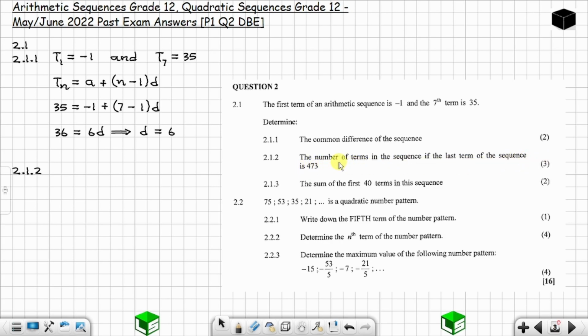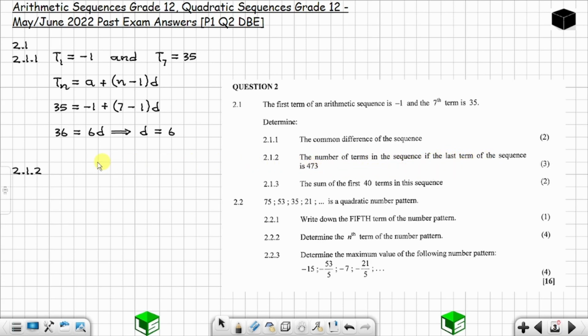Now the question is to determine the number of terms. If you can find the position of this last term, you are going to know how many terms you have in the sequence. In other words, you have to solve for n for this term, because you are told this is the last term of the sequence.